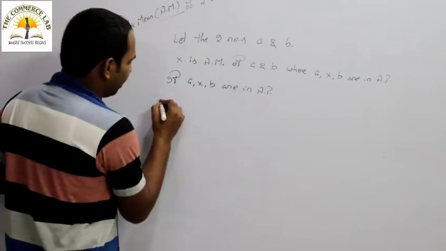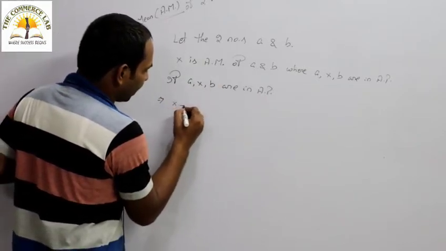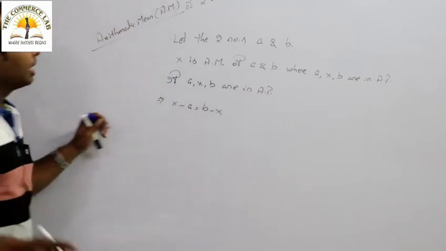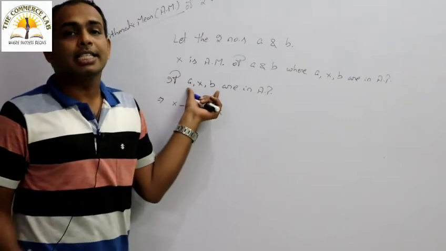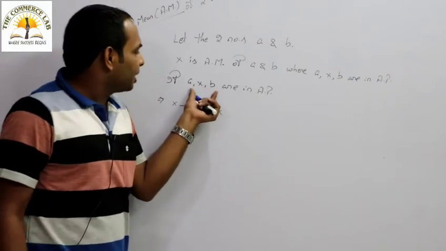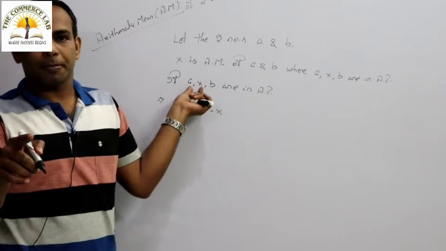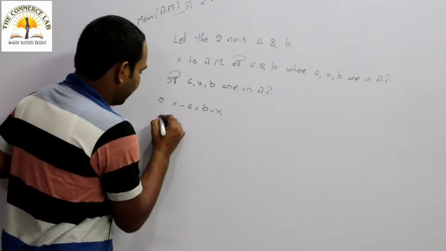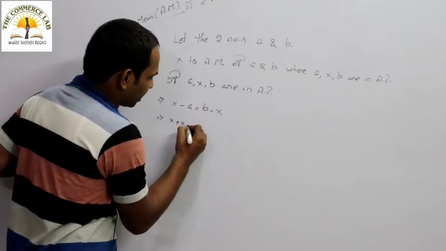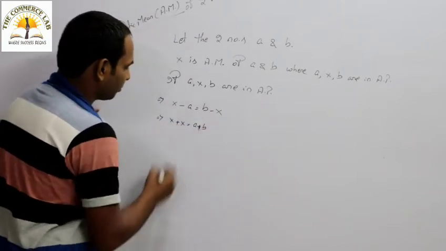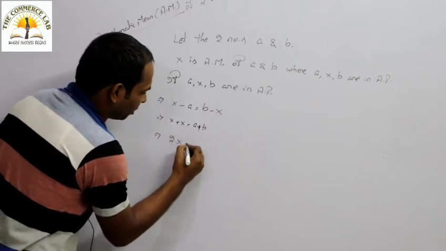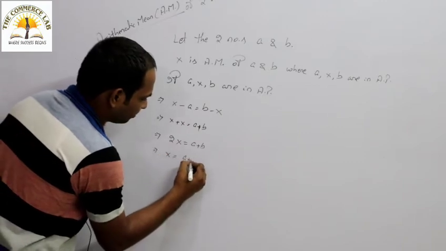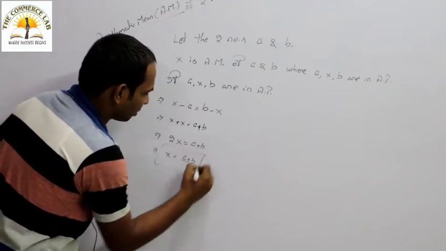Then if a, x, b are in AP, the difference x minus a is equal to b minus x, because when a series is in AP, the difference between consecutive numbers is the same. Then x plus x is equal to a plus b. This implies 2x equal to a plus b, so x equal to a plus b by 2.